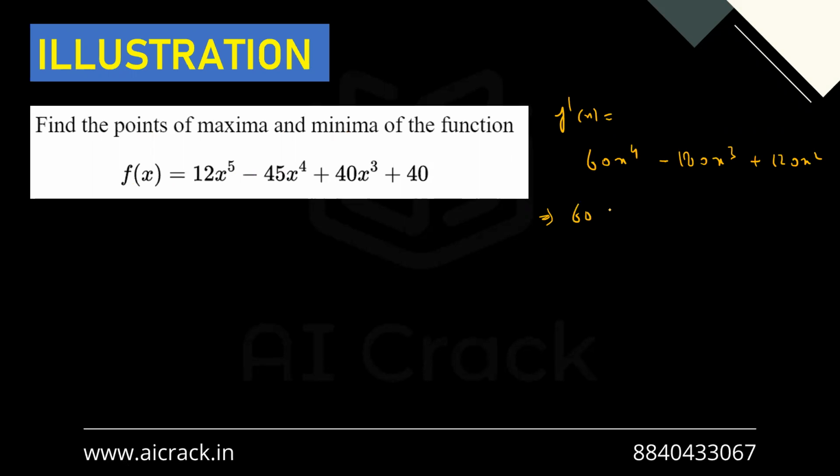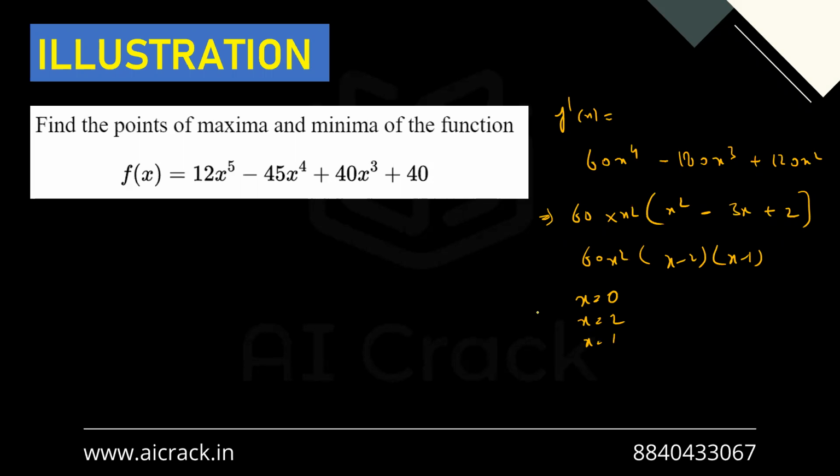So that would give me 60 common, x square multiplied by x square minus 3x plus 2, right? Now this eventually gives me 60 x square (x minus 2)(x minus 1). So basically we have got 3 points: x equals 0, x equals 2, x equals 1.